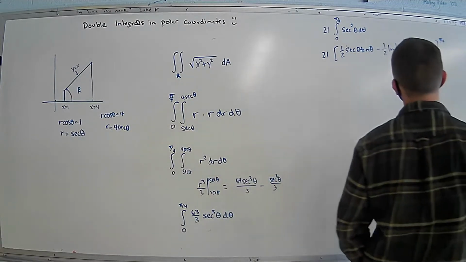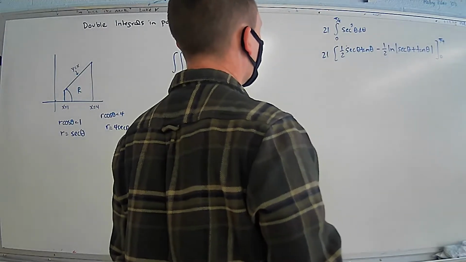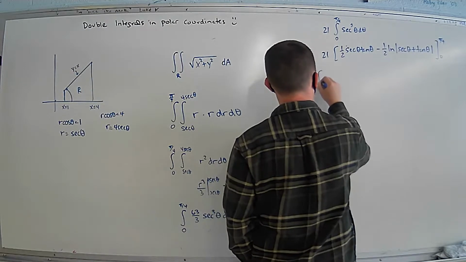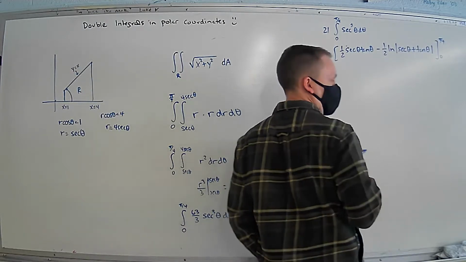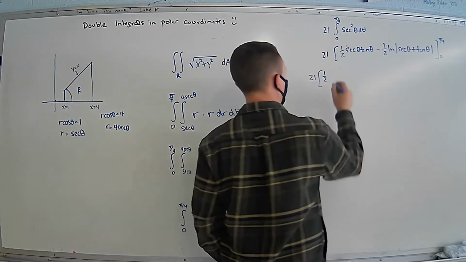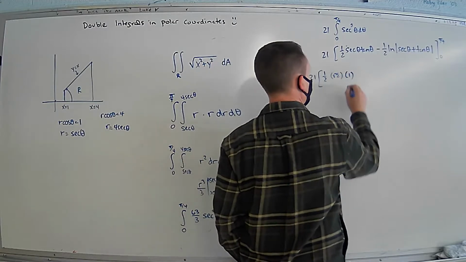So that's 21 times 1/2, secant of pi over 4 is actually radical 2. Tangent of pi over 4 is 1.